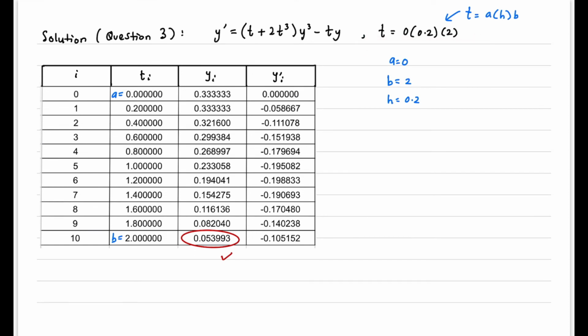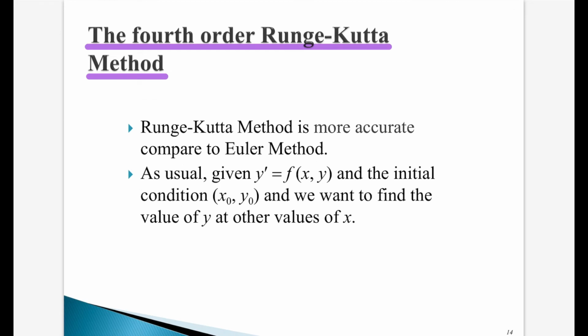So from this you know that a is equal to 0, b is equal to 2, and h is equal to 0.2. So just use the same calculation like the previous one. Then you get this answer, 0.053993.